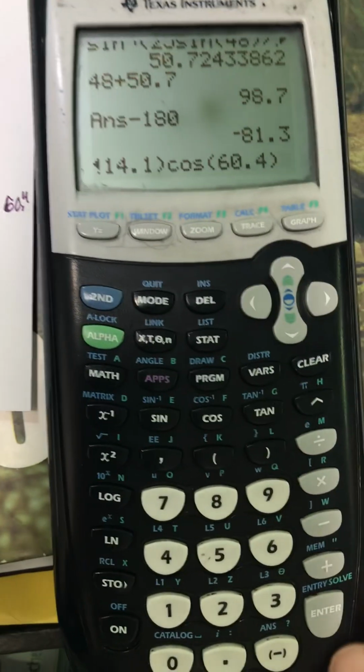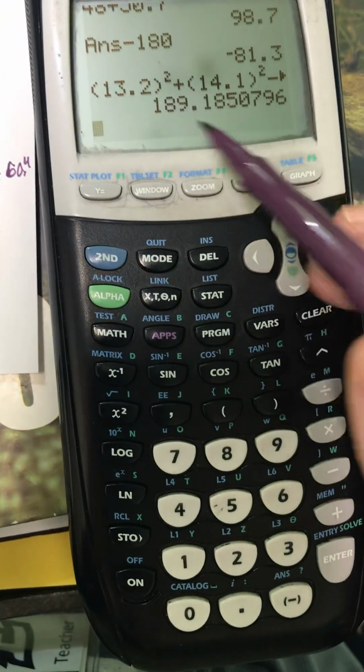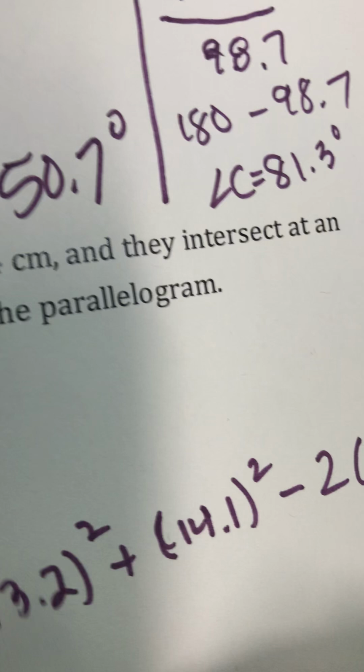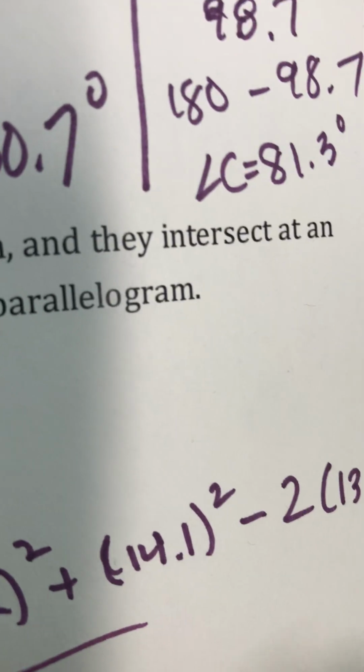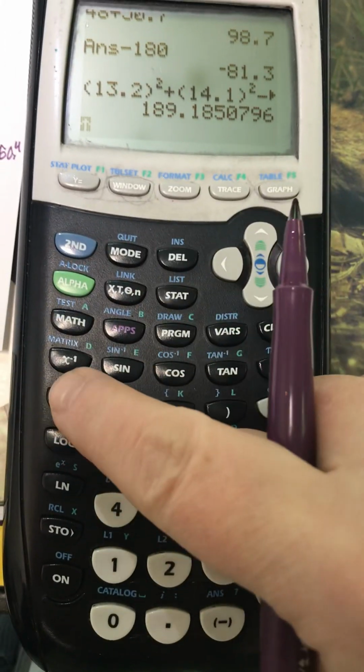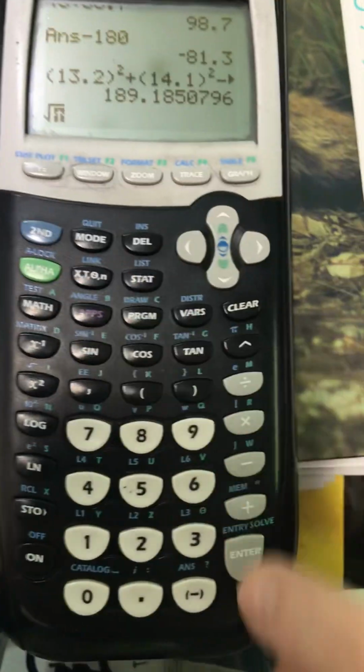Putting all of that in the calculator, you will get this approximation. I will now need to take the square root of this 189.2 or whatever it is. I won't be rounding in my calculator because I'm going to do second square root, second answer.